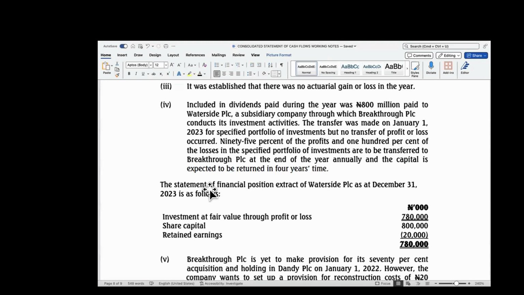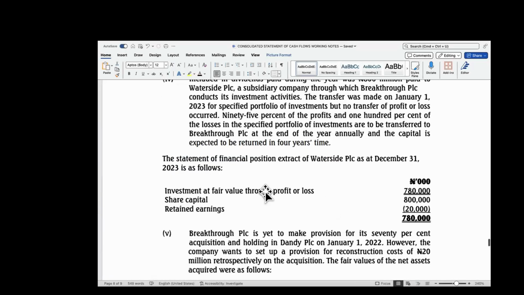So they gave me the statement of financial position of Waterside. They gave me investment at fair value, share capital, retained earnings. Unfortunately, this explains further that it's really an investment. And my investment has even gone down to 780 because the guy is making a loss.